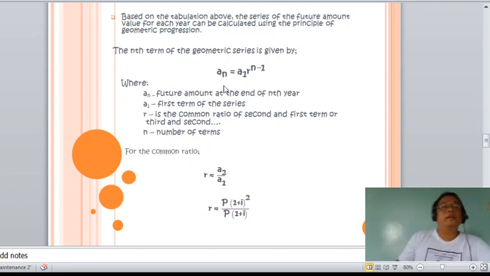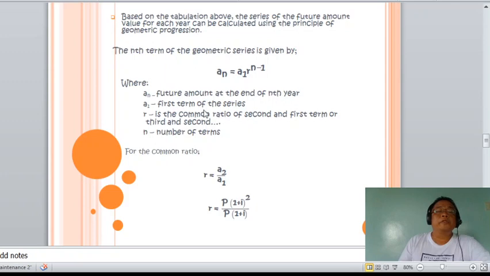Okay, so we are now going to derive the formula for the future amount using the geometric series, or geometric progression, where that geometric progression in algebra is an is equal to a1, the first term, multiplied by the common ratio r raised to n minus 1. Okay? So, an is the future amount at the end of the nth year.